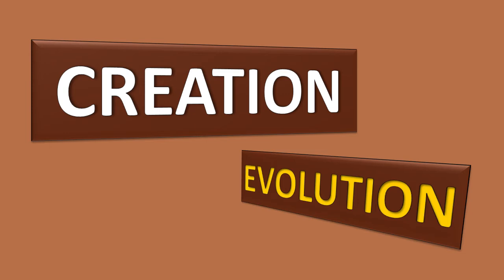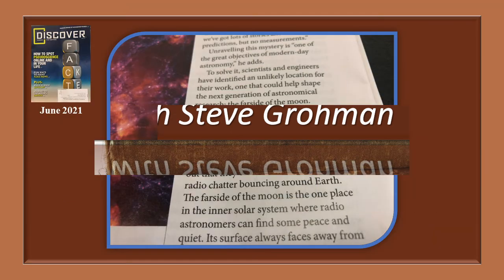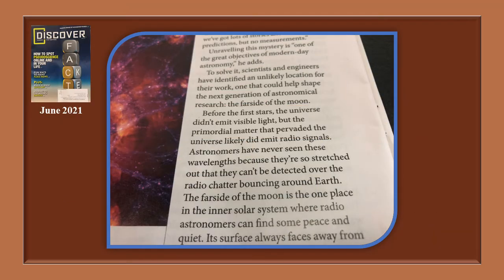They are omitting so much if you read it with a critical eye. Unraveling this mystery is, quote, one of the great objectives of modern-day astronomy. I guess it would be. To solve it, scientists and engineers have identified an unlikely location for their work, one that could help shape the next generation of astronomical research, the far side of the moon. Where we can't see anything going on.